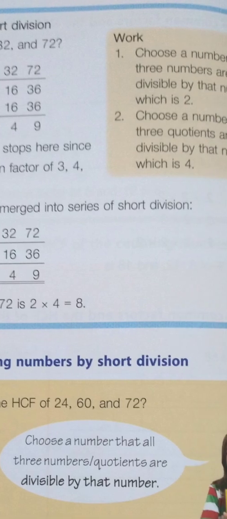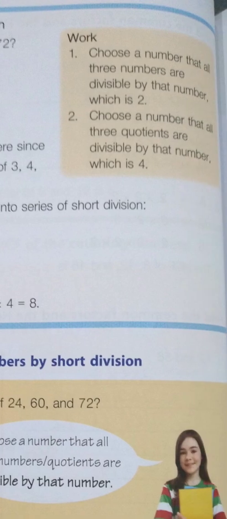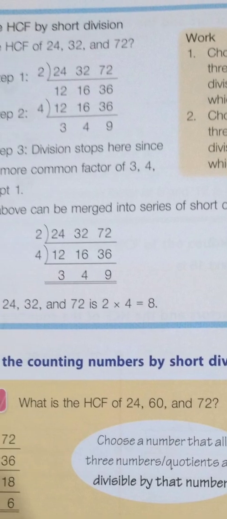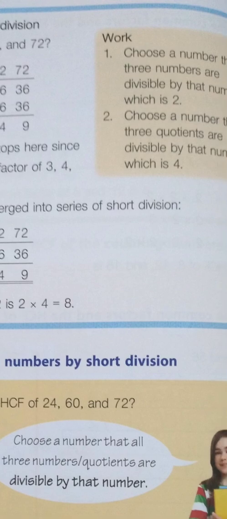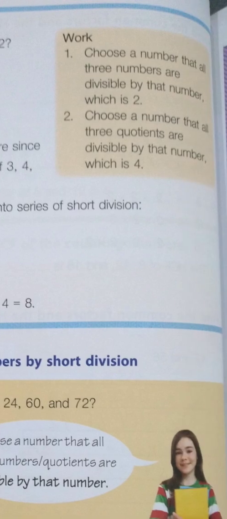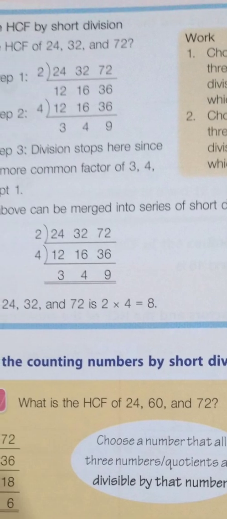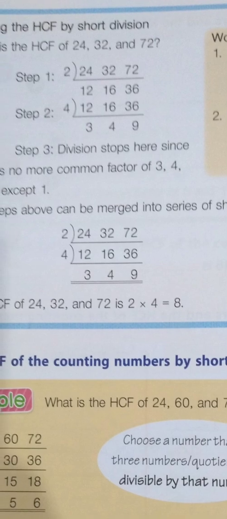It's 2. Step 2: choose a number that all three quotients are divisible by, which is 4. So 4 is divisible by all three numbers.